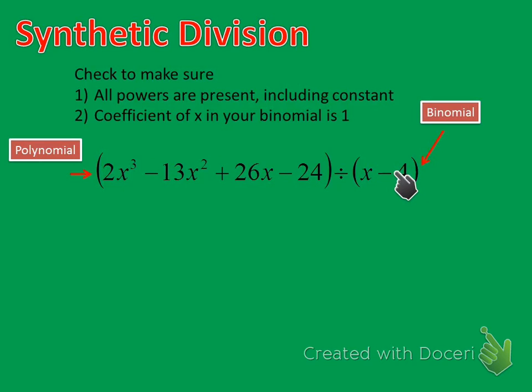Okay? So here's what you do. You take the coefficients of your polynomial. The 2, the -13, the 26, and the -24. You write them in one line. Okay, one notebook line.